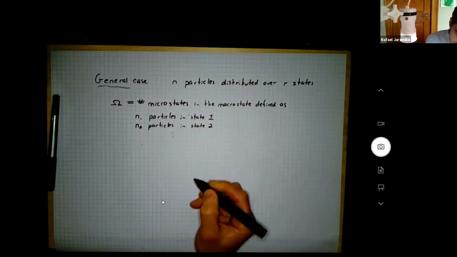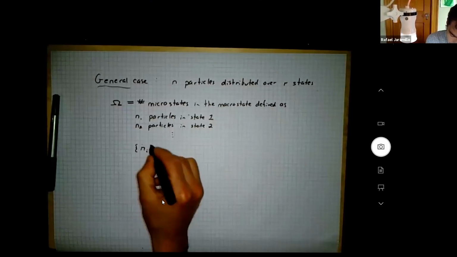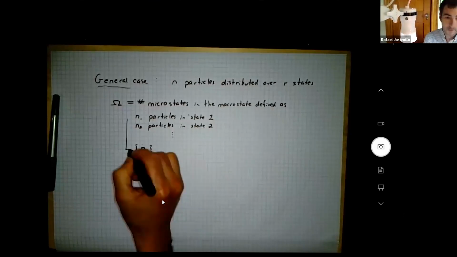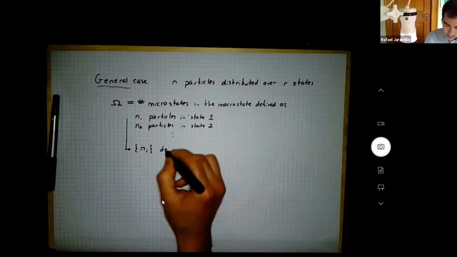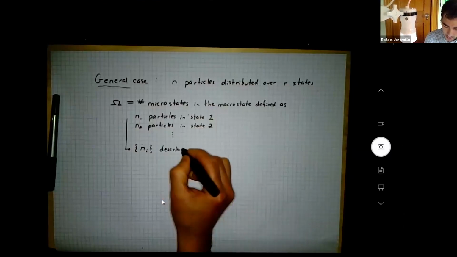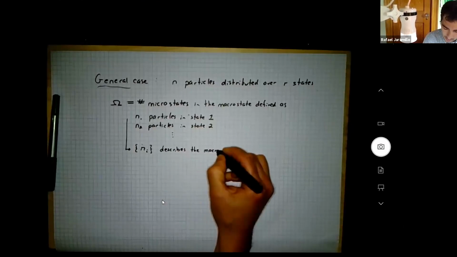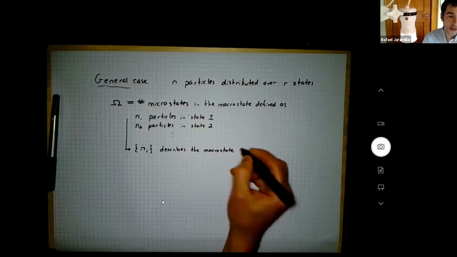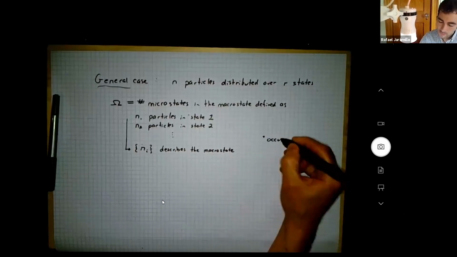So the macrostate is defined by a set N sub i. That set describes the macrostate. And sometimes those will be called occupation numbers.